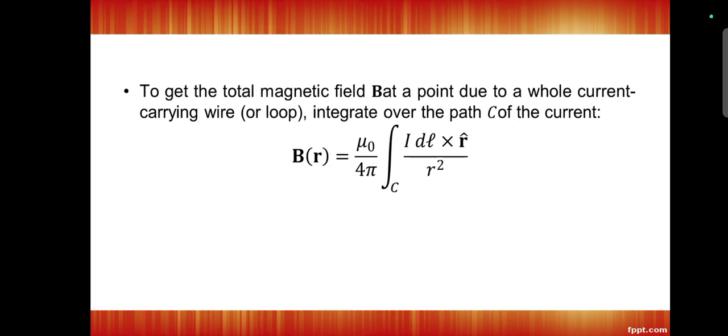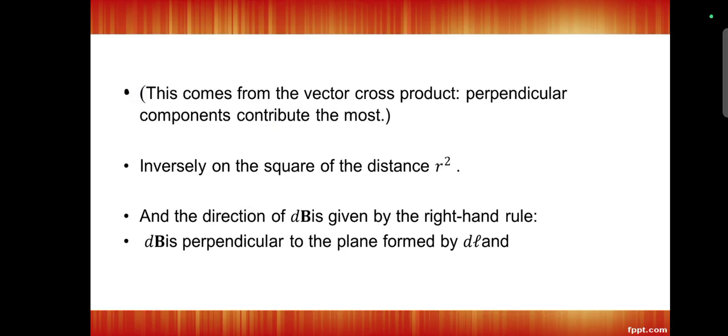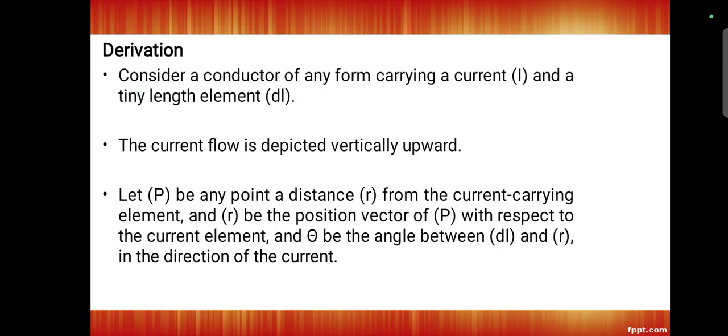And B, the magnetic field at this point due to the whole current carrying wire, is mu naught divided by 4 pi into the integral of I dl cross r vector divided by r square. It is directly proportional to I dl and sine theta, and inversely proportional to r square.